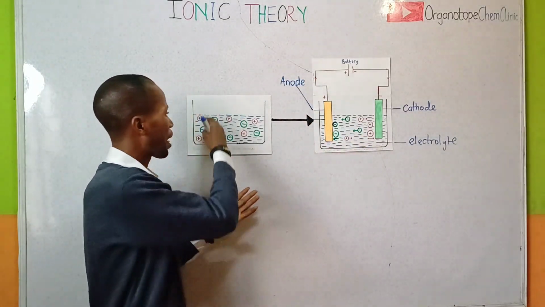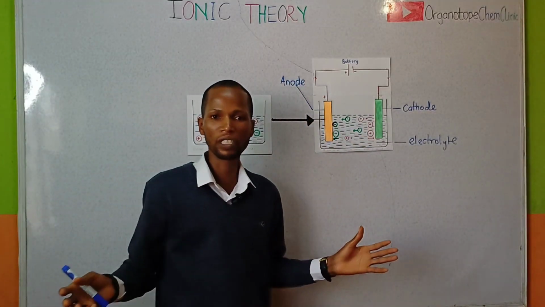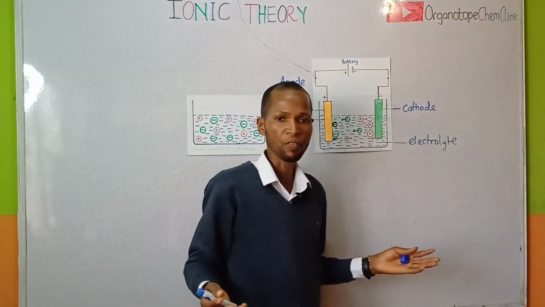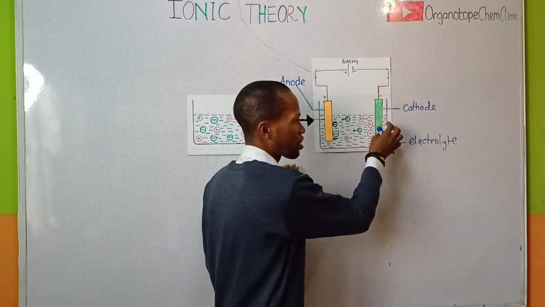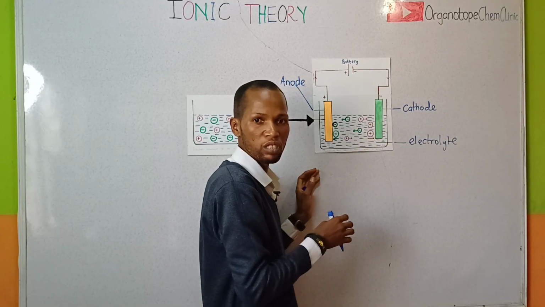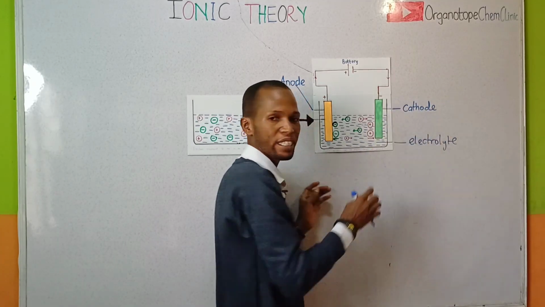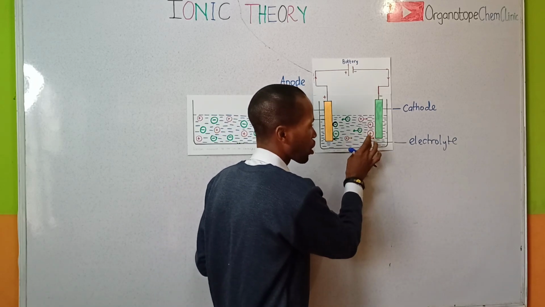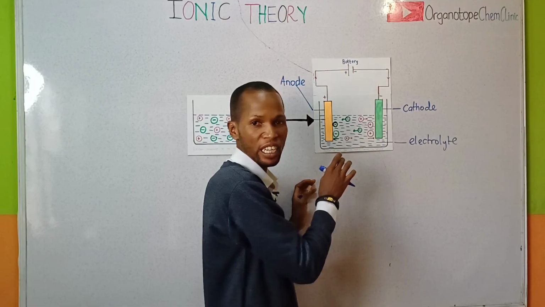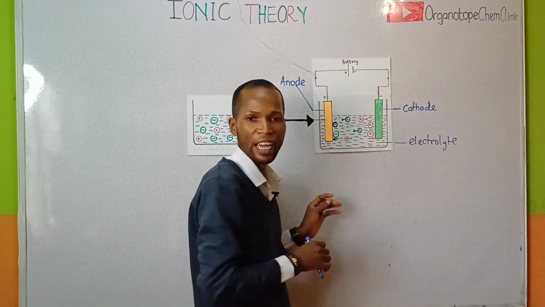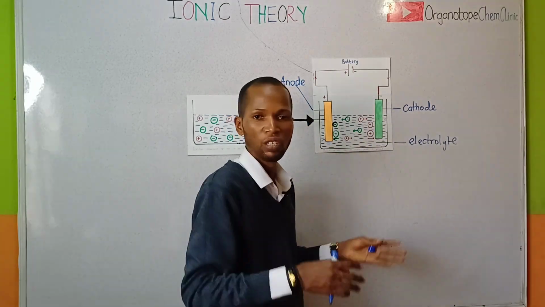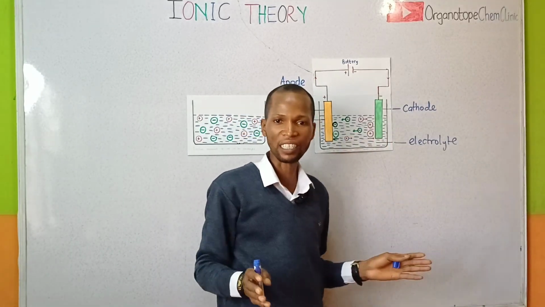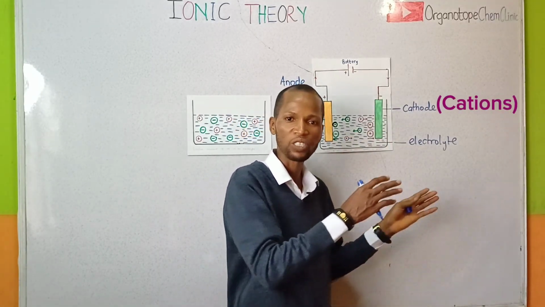The free ions that we have right here will lose their random movement once a battery is connected. Then the positive ions become attracted by the cathode. Okay, the cathode is the negative electrode. We can observe that we have the migration of the positively charged ion towards the negative electrode, which is the cathode. So the ions that migrate to the cathode are called the cations, also known as cathode ions.